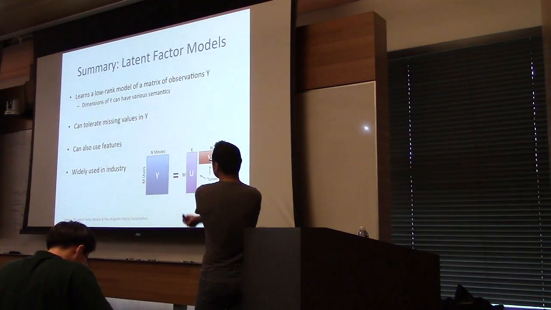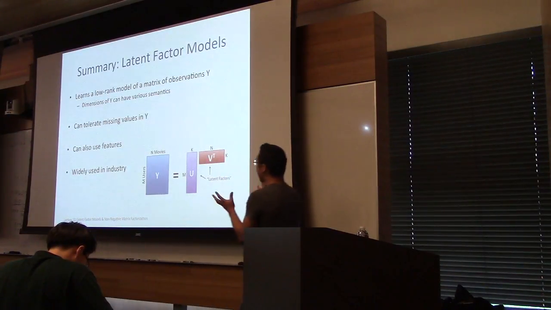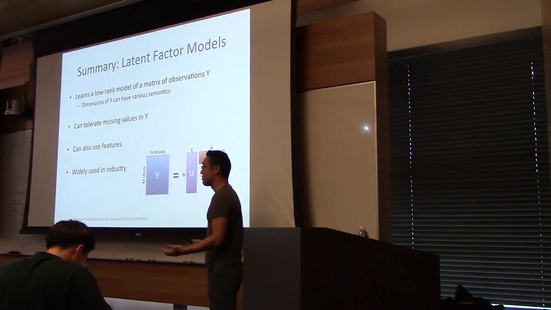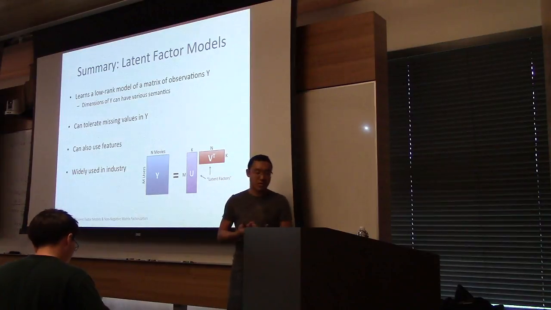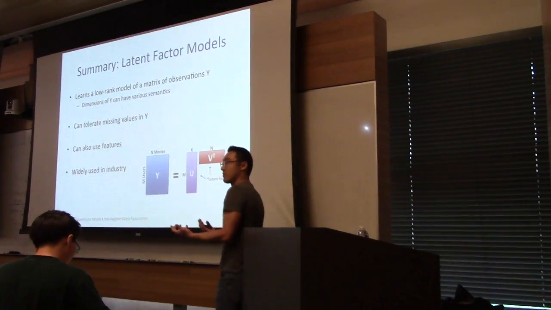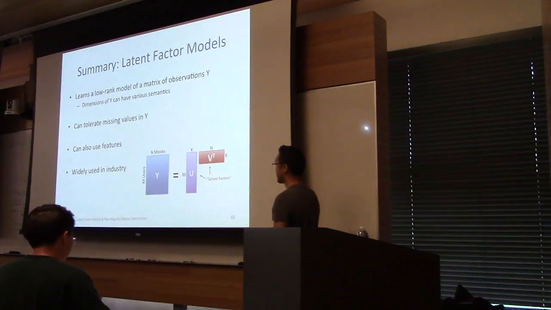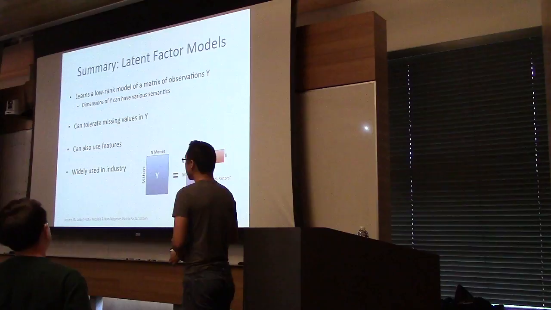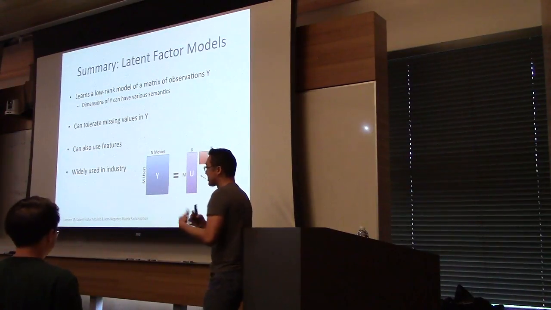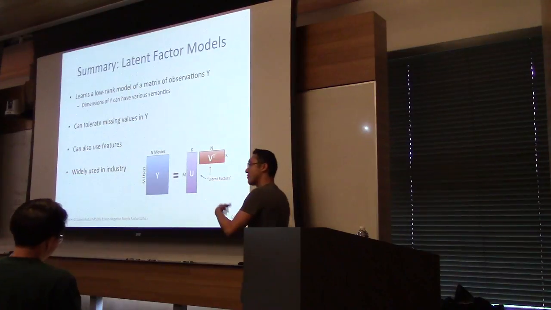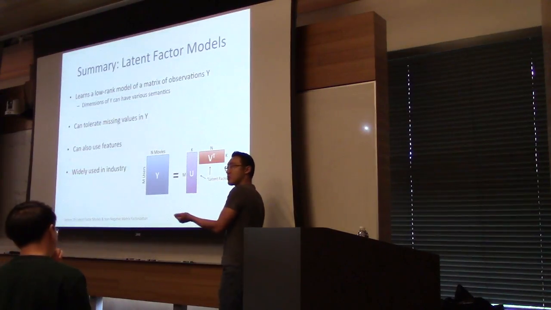So just to summarize, latent factor models are motivated by the assumption that the true data that you want to estimate a model for lies in a low-dimensional subspace. This can be used to model things like multitask learning, and collaborative filtering, which in many ways is a special case of multitask learning, where the parameters you want to learn for each task vary in a low-dimensional way.